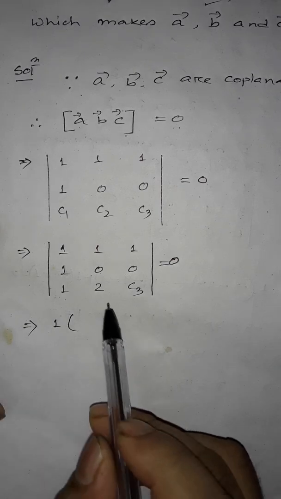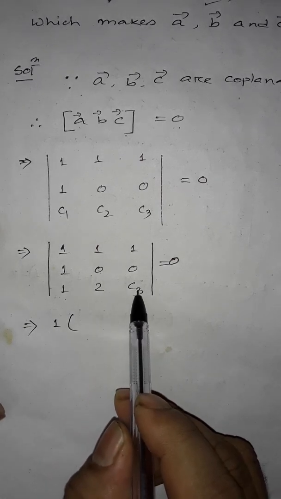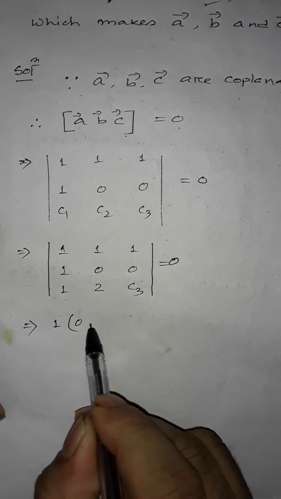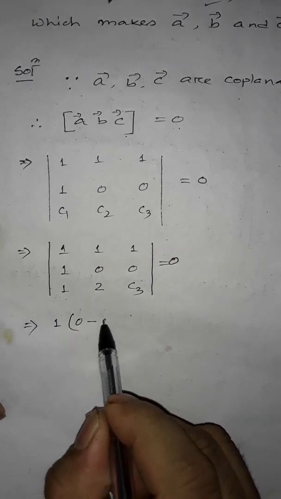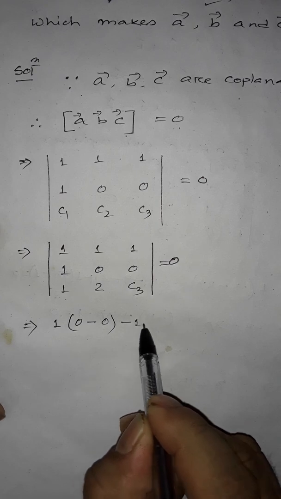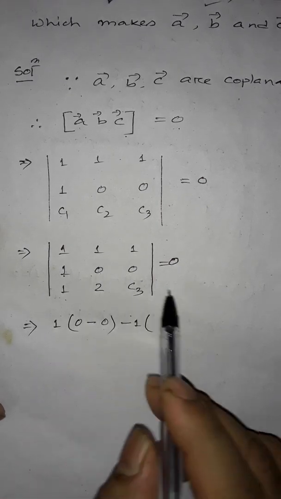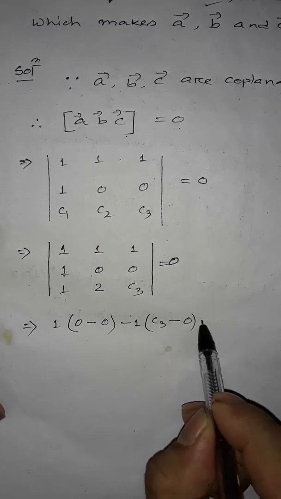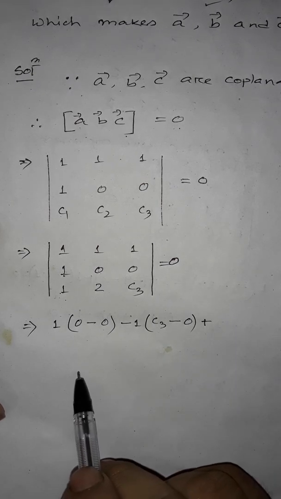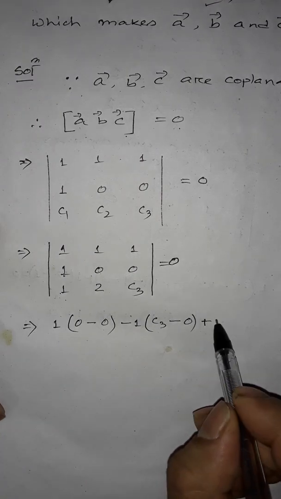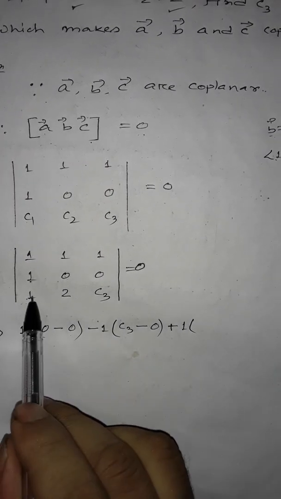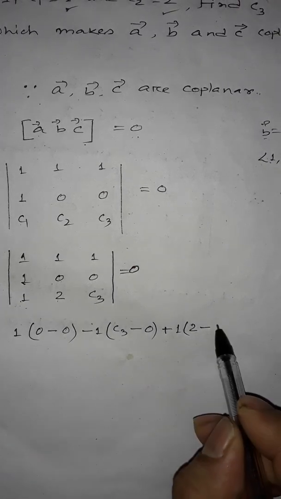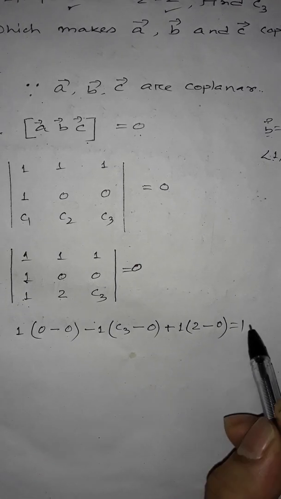1 whole into 0 into c3 is 0, minus 2 into 0 is 0, minus 1 whole into 1 into c3 is c3, minus 1 into 0 is 0, plus 1 whole into 1 into 2 is 2, minus 1 into 0 is 0, is equal to 0.